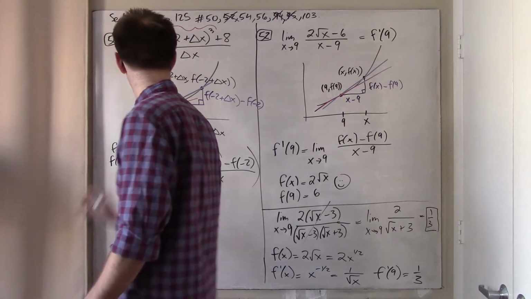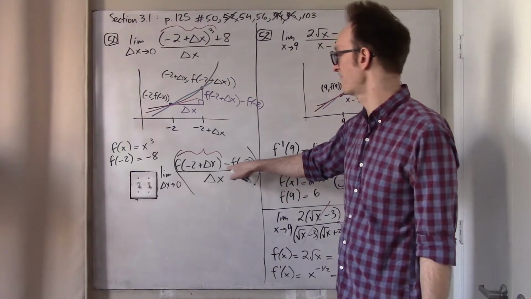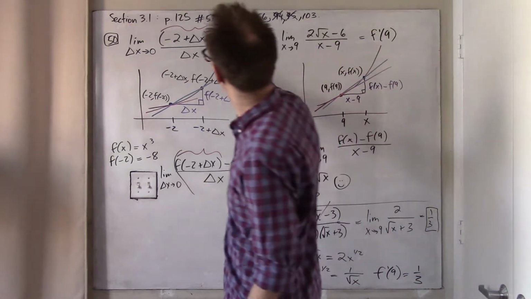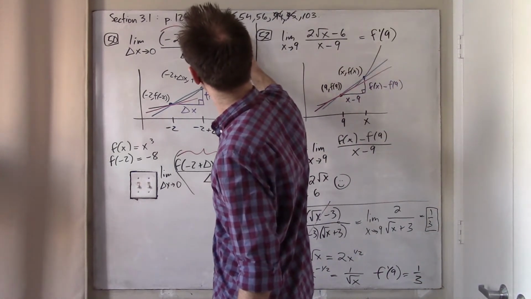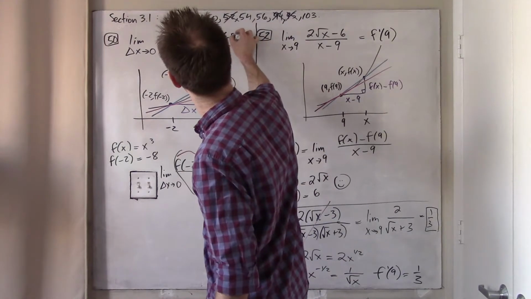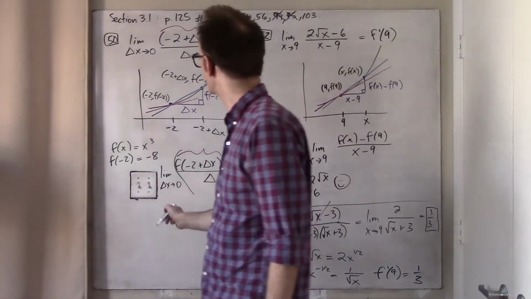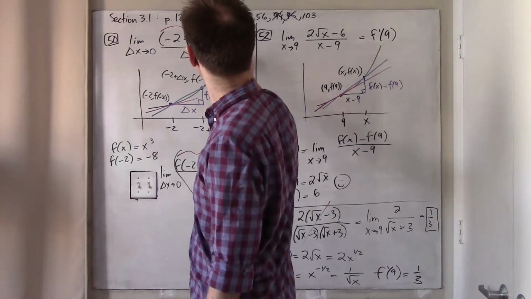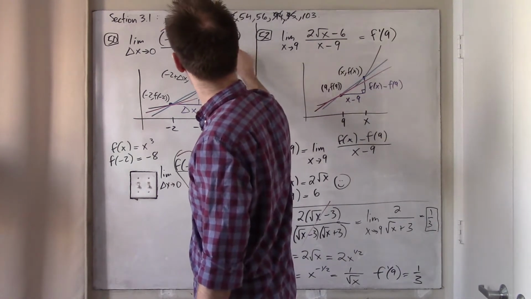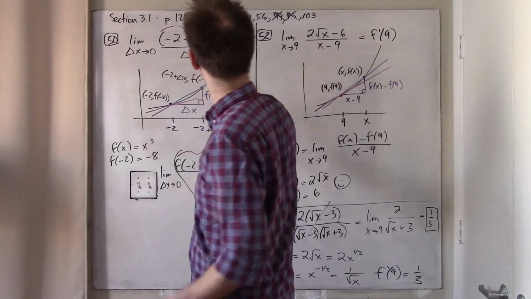Well, it's -8. And notice this is minus f of -2, so perhaps it's a little cleaner to rewrite the original problem slightly like that. Now it makes total sense. Okay, so what is this? This is just f prime of -2.